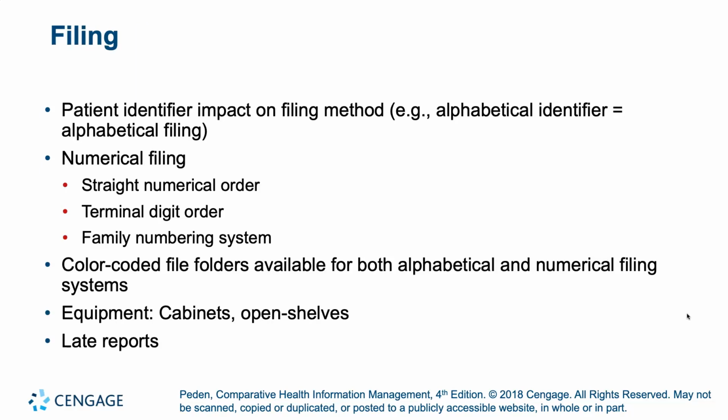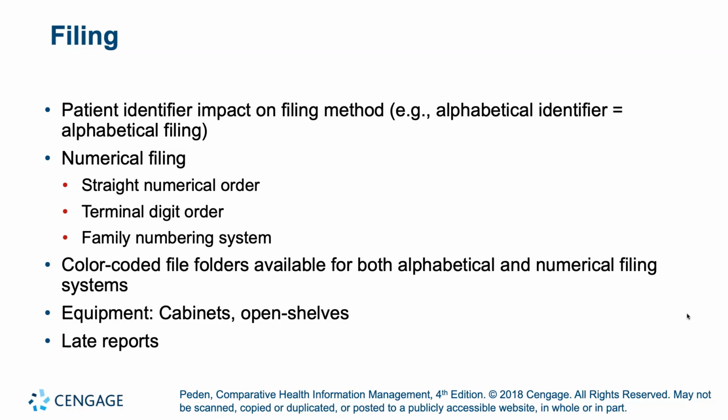Filing, they can do it based on a patient identifier. They can do it on patient name. It just really depends. And in terms of a numerical filing, you can do it straight numerical order. You can do what's called terminal digit or a family numbering system. And I would look in your textbook to go over the details behind these.